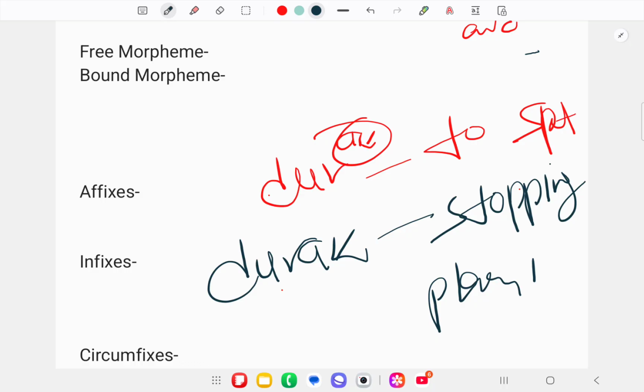Next, we have another point that we must remember. When we express reciprocal action in the English language, we use the phrase each other.